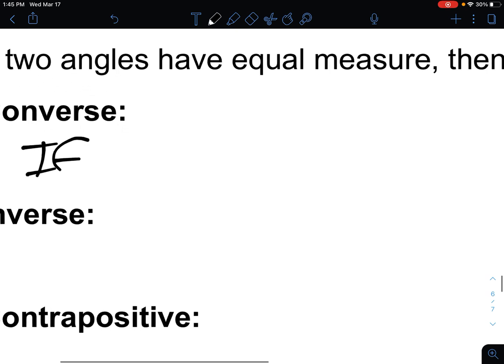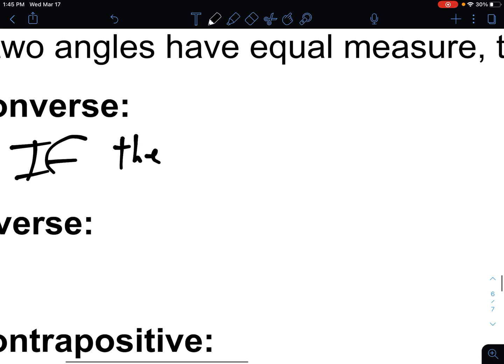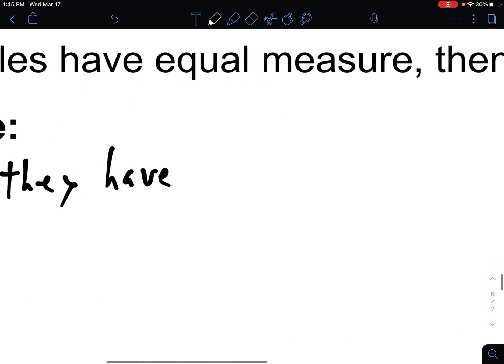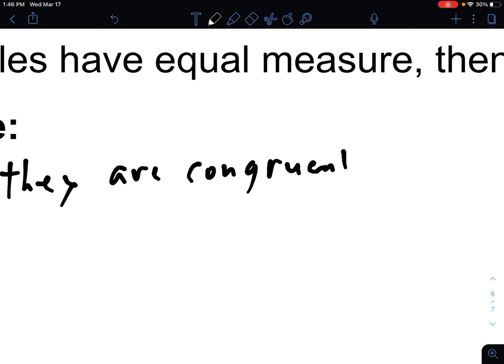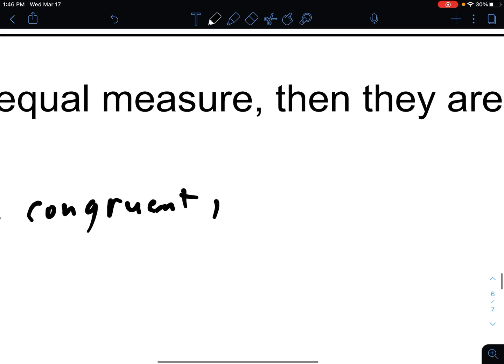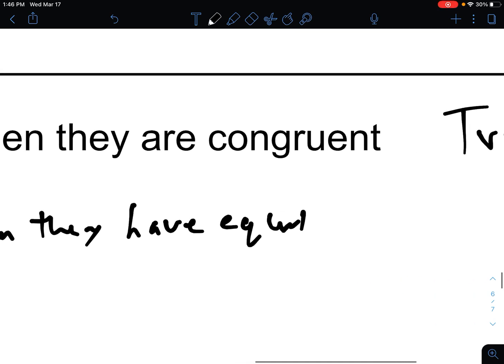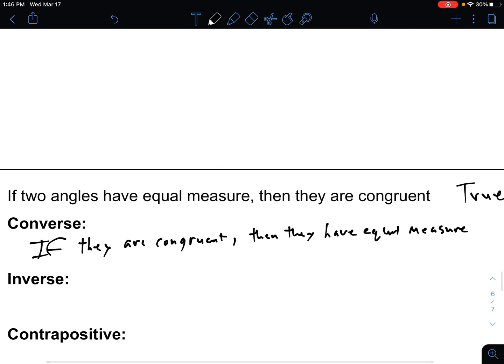If they are congruent, then they have equal measure. That's true. Right, if they're congruent, they have equal measure.